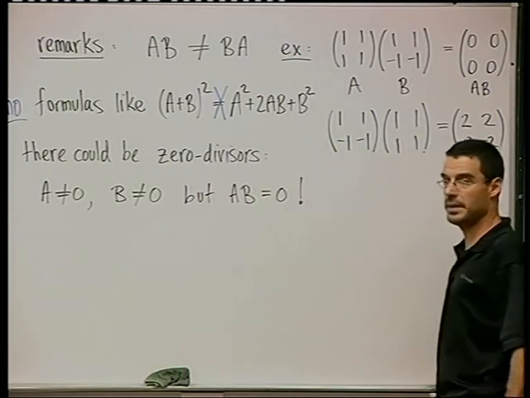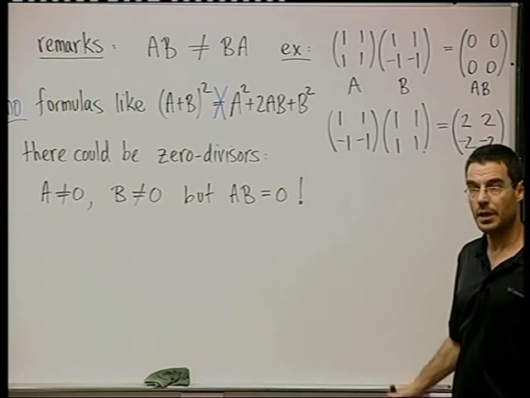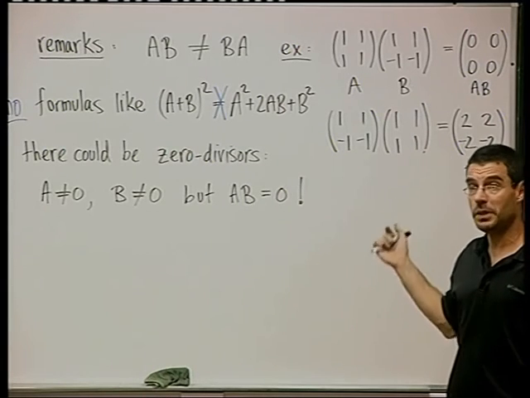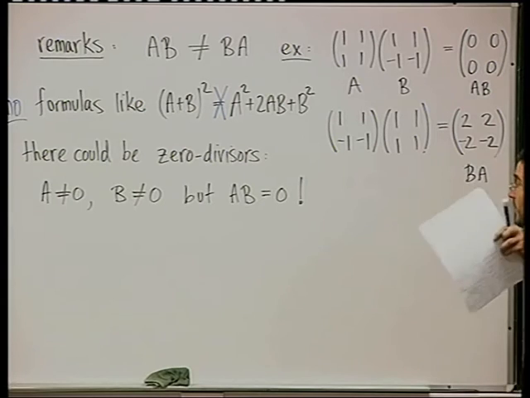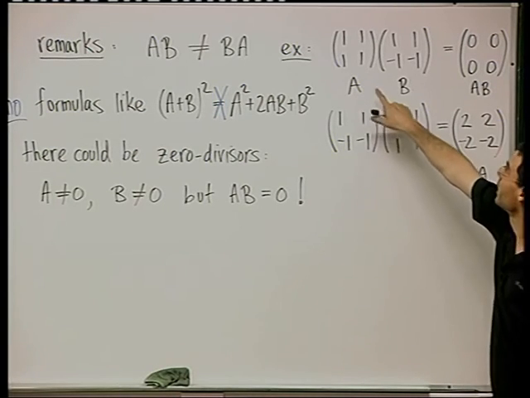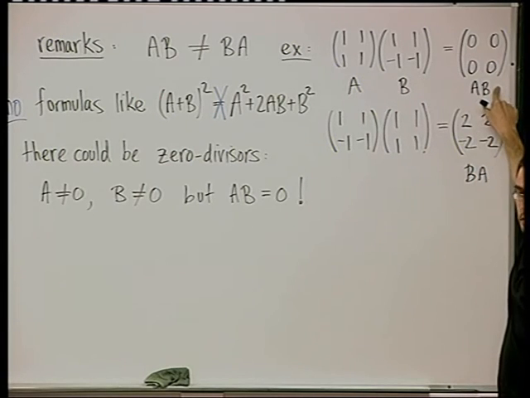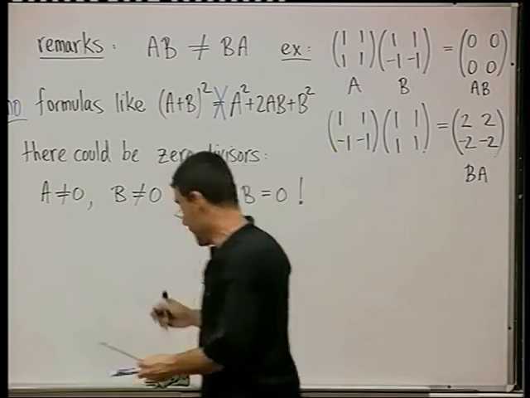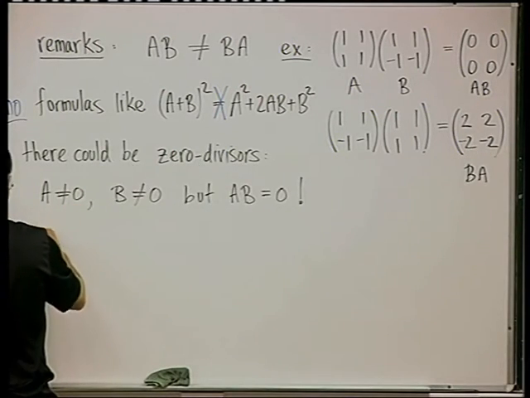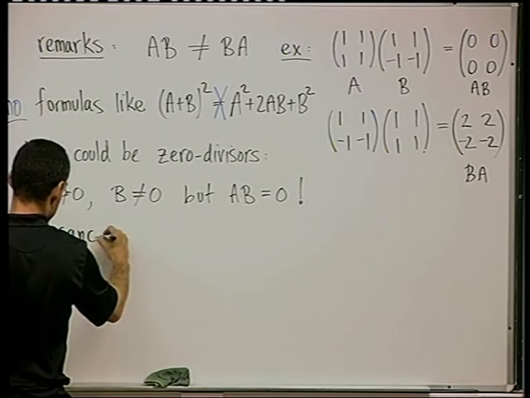That can never happen in numbers, or in polynomials, or in complex numbers, but it could happen in matrices. Here it is: A is not 0, B is not 0, but their product is the 0 matrix. Okay? No cancellation.